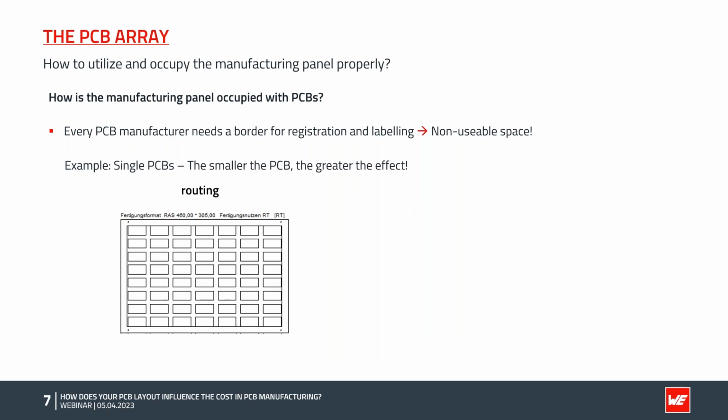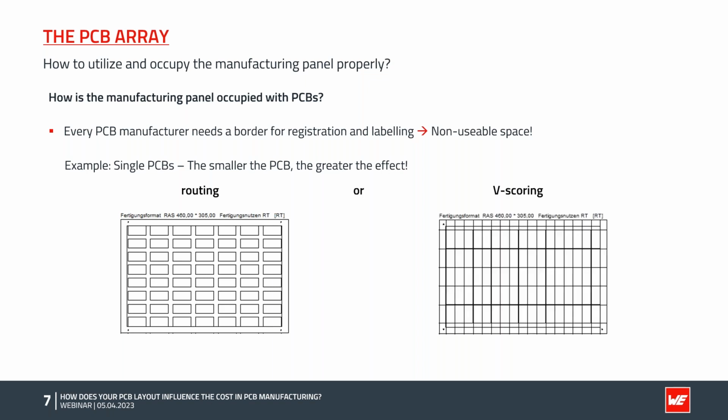And this effect is greater the smaller the PCB gets. So when you look at routing, the distance between the PCBs always needs to be the same. This is due to the routing tools and the stability of the manufacturing panel. But for V-scoring, this distance is just much less, and therefore the smaller it gets, the more PCBs you get onto a production panel when you use V-scoring.